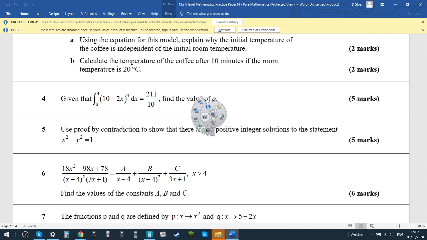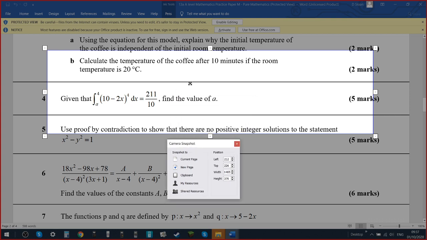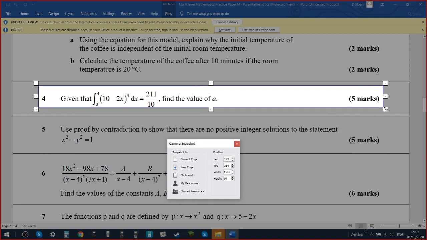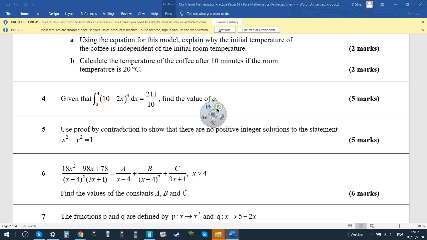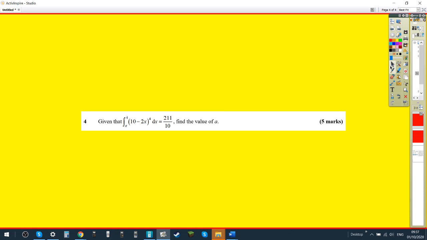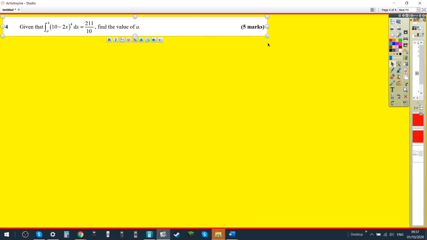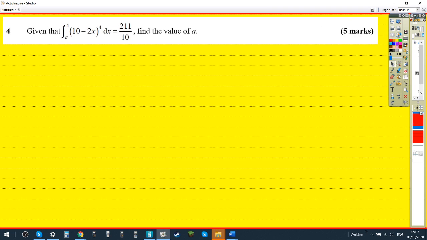Okay, question 4. So, okay, 10 minus 2x to the 4.